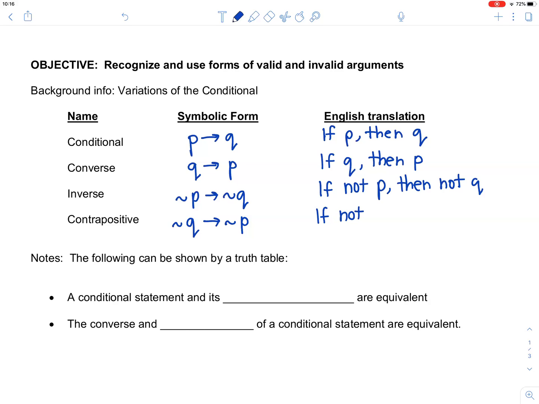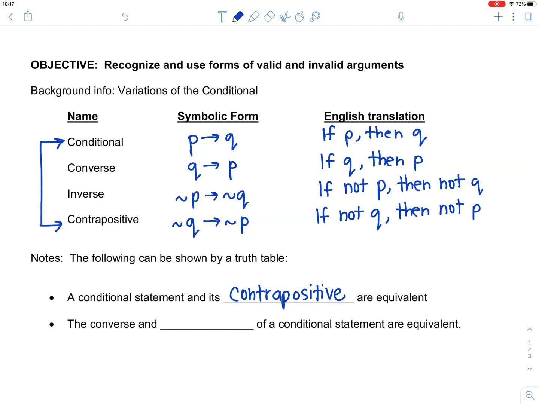If not Q, then not P. If we were to make truth tables of all of these statements, what can be found is that a conditional statement and its contrapositive are equivalent, meaning they will have the same truth values in each condition.